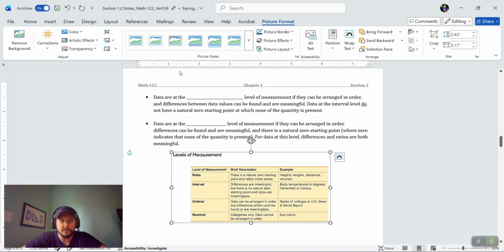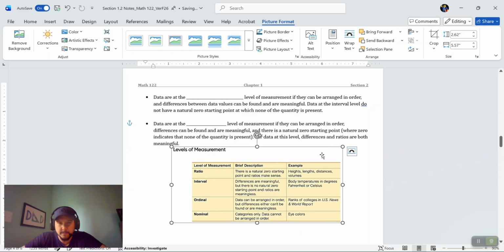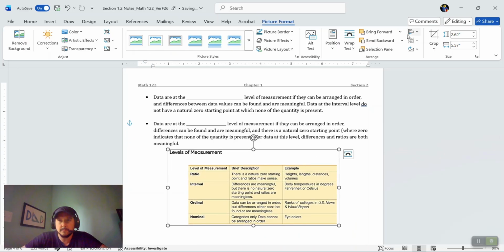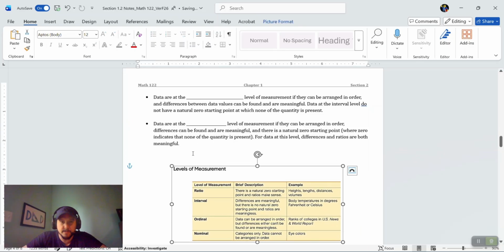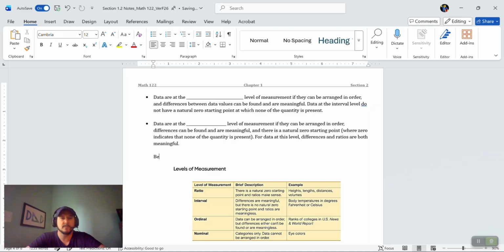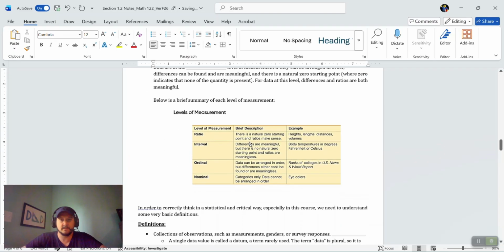Let's just contrast here. Maybe I'll segue this. Say below is a brief summary of each level of measurement.